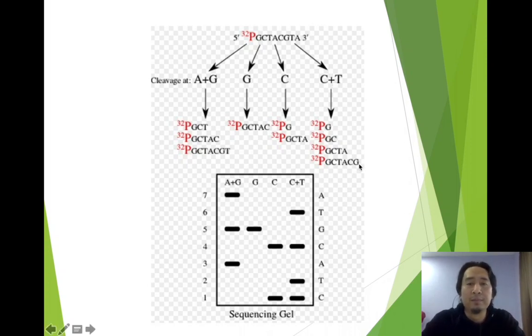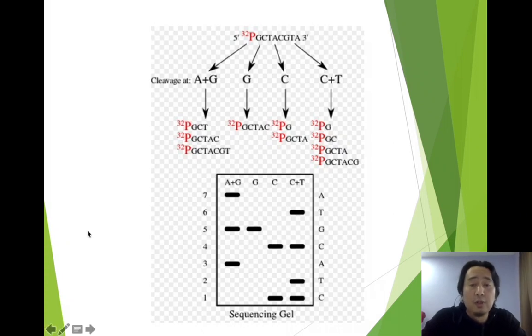Same also, recognize the first T, and then recognize the second C, recognize the second T, and recognize the second C. Okay, here. So after that you remove everything, alright, incubate in the test tube, and you run the agarose gel or polyacrylamide gel.